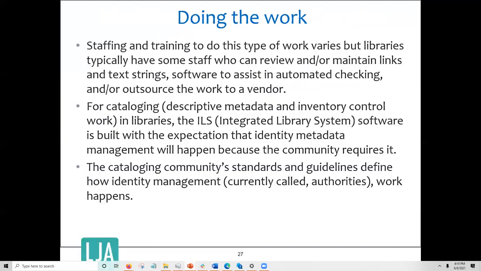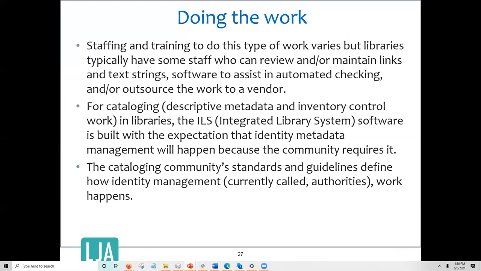So doing the work, how do we do the work? Well, staffing and training to do this kind of work really varies from library to library, organization to organization. Traditionally, libraries, at least in cataloging and technical services areas, have had some staff who can at least review the data that's there and maintain the links and text strings.